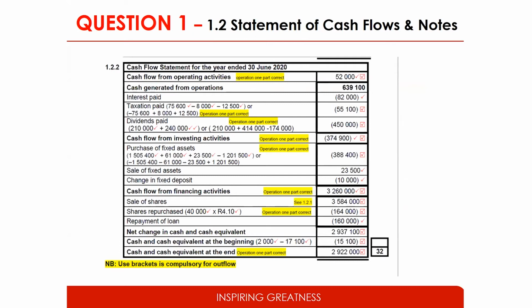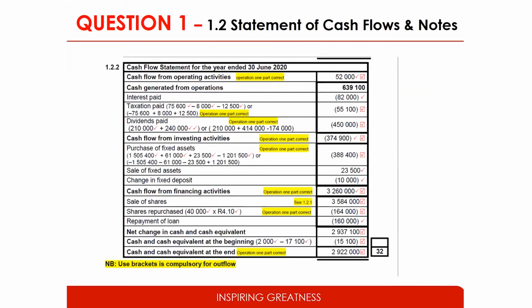You've got your cash generated from operations, you've got your cash flow from investing activities, you've got your cash flow from financing activities. Now, you take all those three sections to then find out what is the net change in cash and cash equivalent. So you would have totaled each and every section.